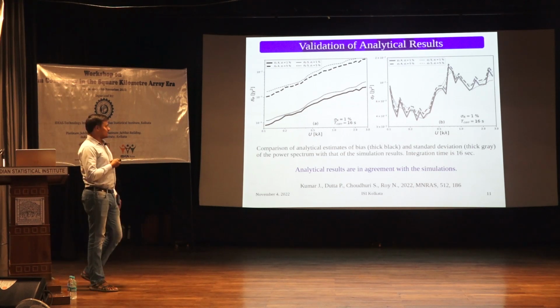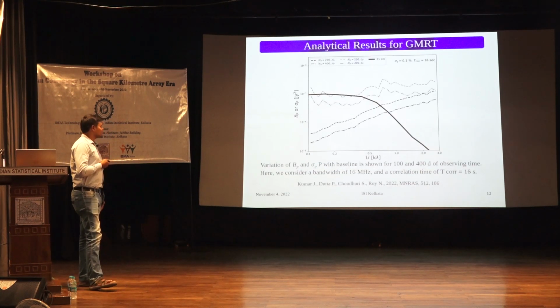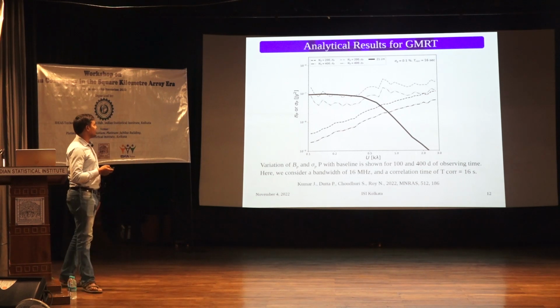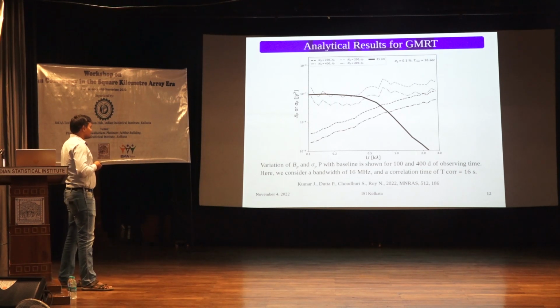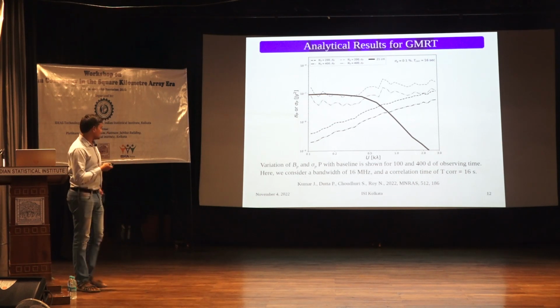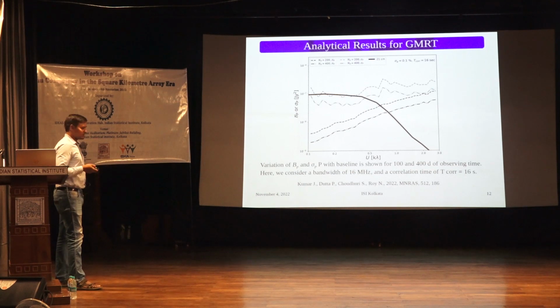So once validated through the simulations, we use these analytical results for further analysis of the effect of the gain errors. For a particular gain error model, we wanted to check how much time it will be required to detect the 21 centimeter signal.